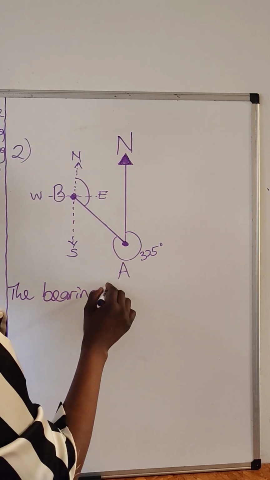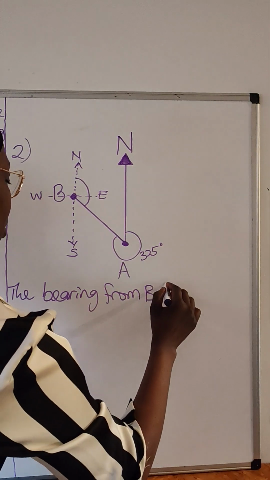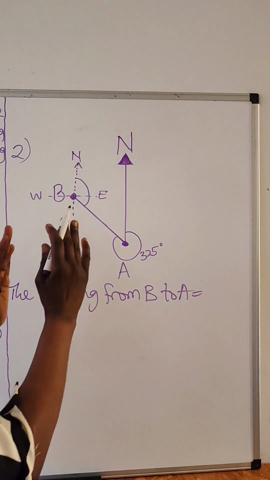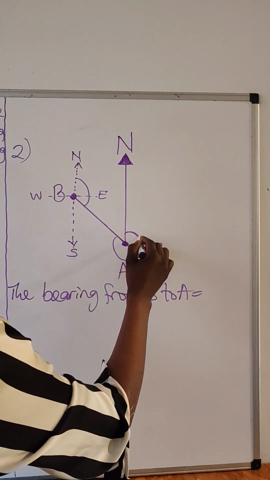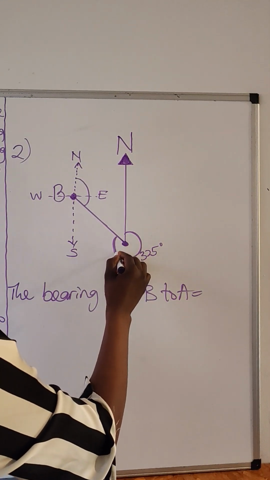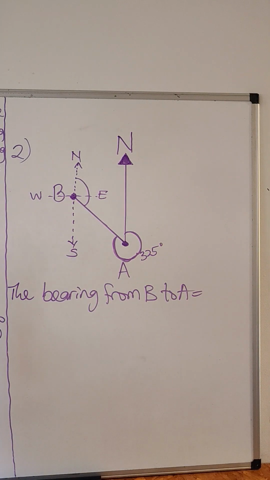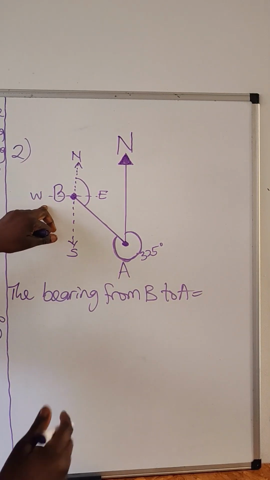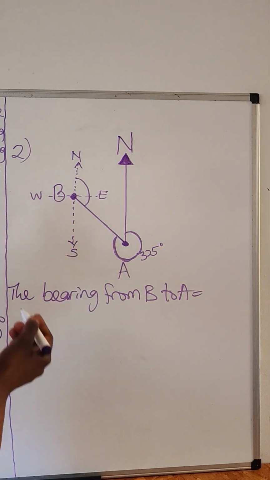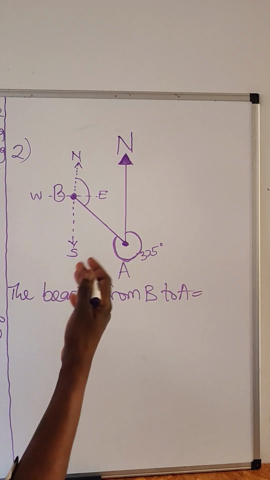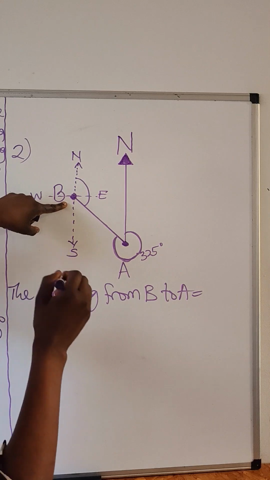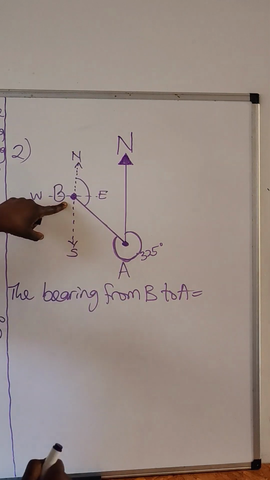We've already been given the bearing from A to B. This is the bearing from A to B. So the bearing from A to B can also be called the bearing of B from A. And this one we are asked to calculate, which is the bearing from B to A. The bearing from B to A can also be called the bearing of A from point B.